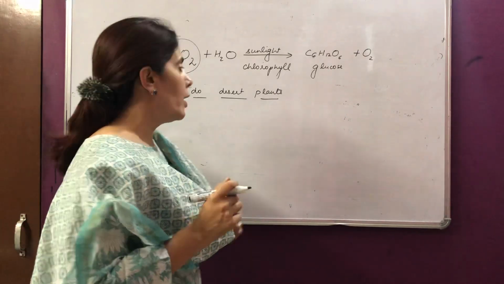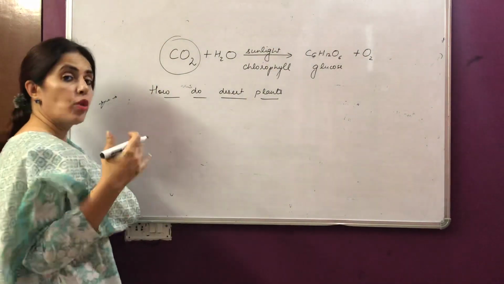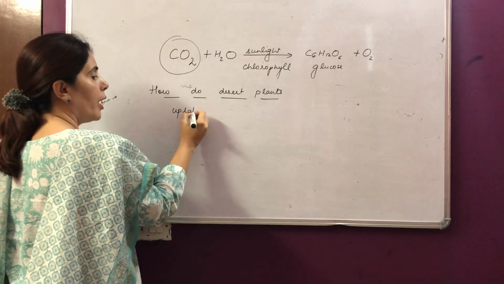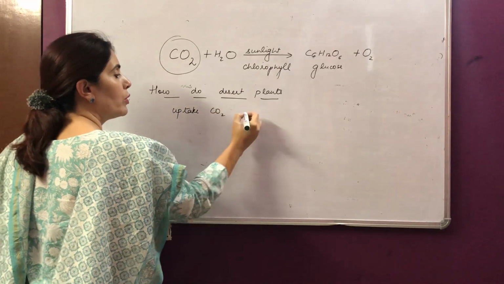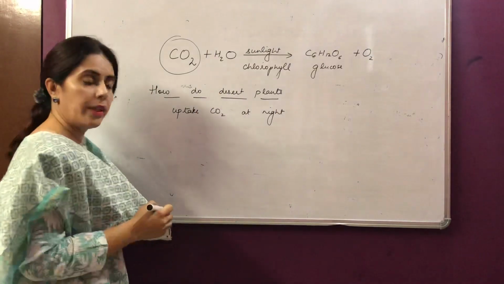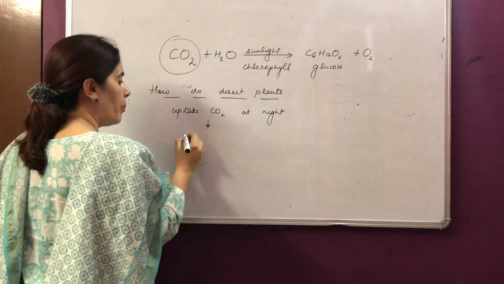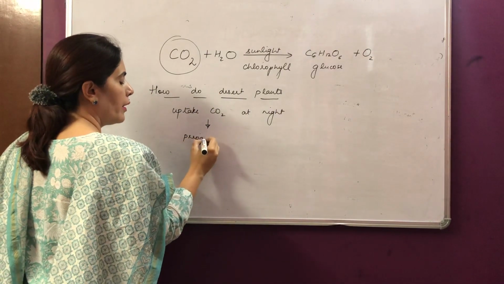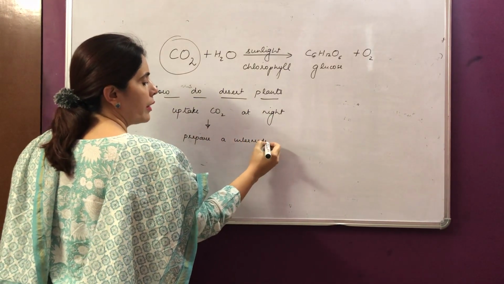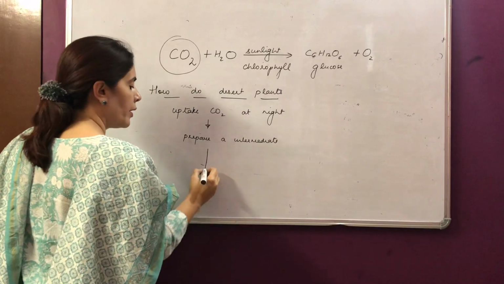So what do the desert plants do? They open their stomata at night and they uptake CO2 at night, right? And they prepare an intermediate, right?